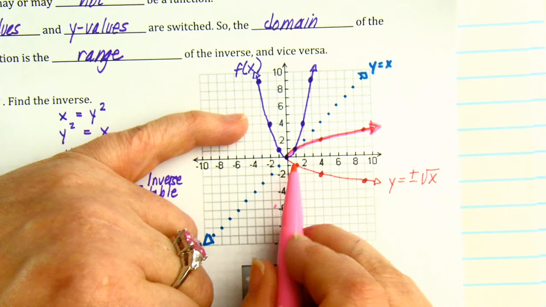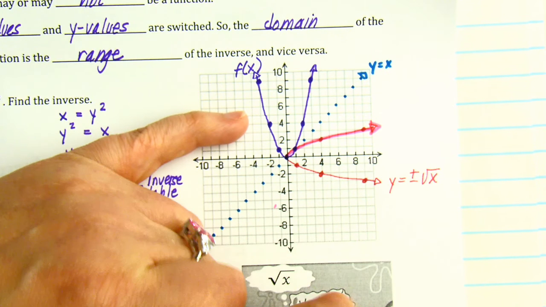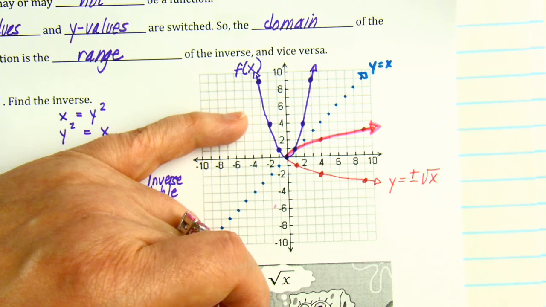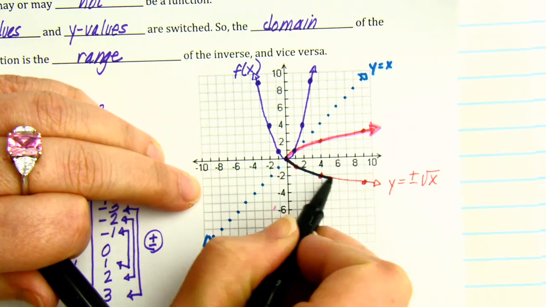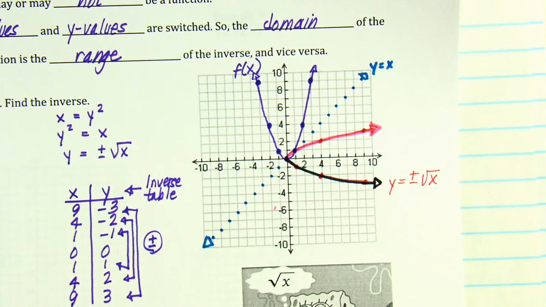And then this piece on the bottom, excuse me, this piece here is the negative square root of x. Okay, you're going to see that when we look at the square root parent function in just a few moments.